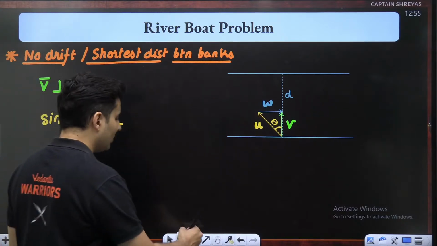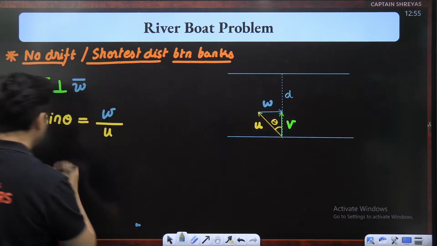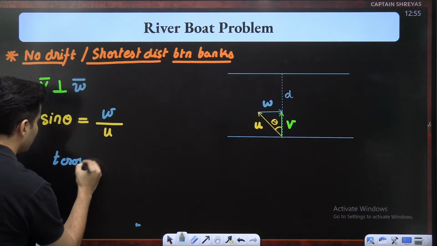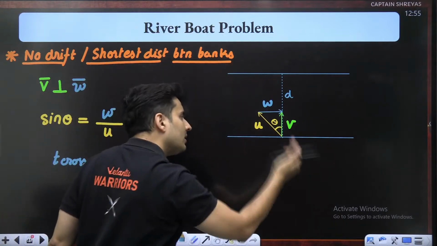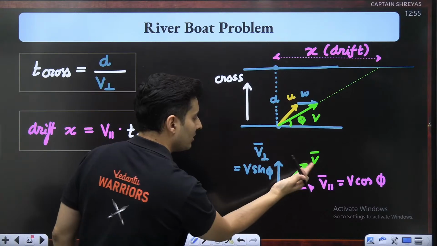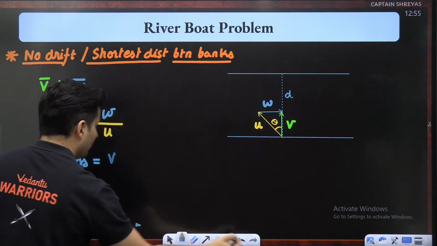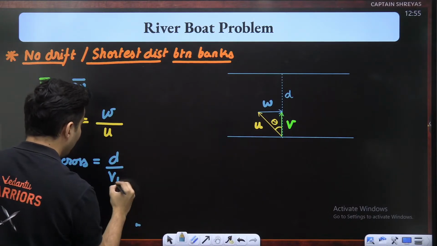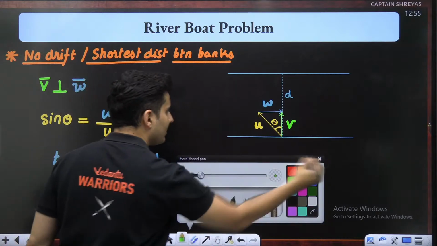And if you talk about the time taken to cross, what will that be? The time taken to cross will be distance by the perpendicular velocity. Well, the velocity itself is already perpendicular. You don't have to take any components. This whole velocity is perpendicular. Guys, it was distance d by v perpendicular. So in this case, distance is d, and v perpendicular is v itself.